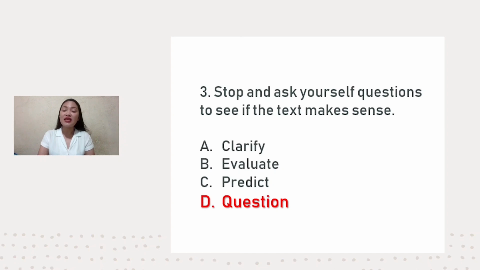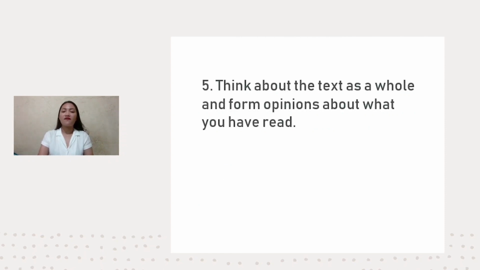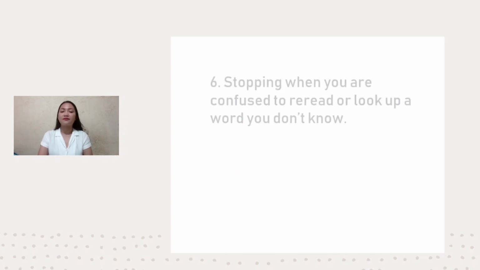It's letter D, question. 4, find ways to relate the text you have read to yourself, other texts, and the world around you. So it's letter B, connect. 5, think about the text as a whole and form opinions about what you have read. So it's letter B, evaluate.